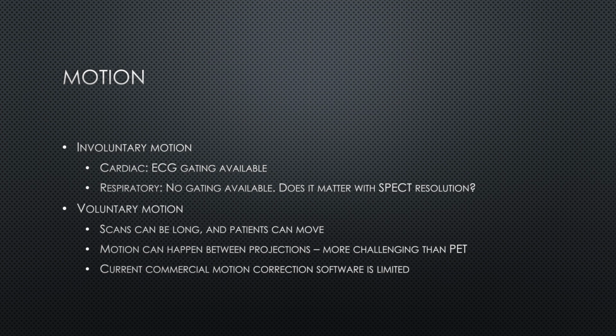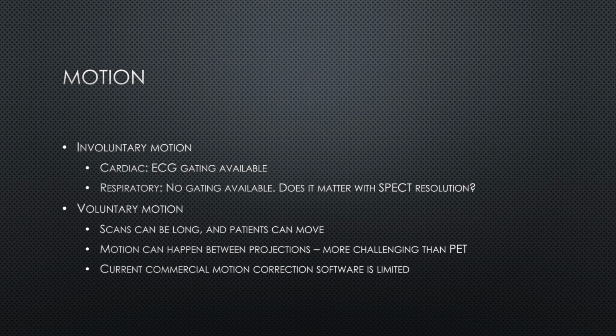Then, of course, we have voluntary motion. We know our scans can be long and patients can move. And what makes life a bit more complicated than PET is that in SPECT, motion can happen between projections. So we have some discontinuity.